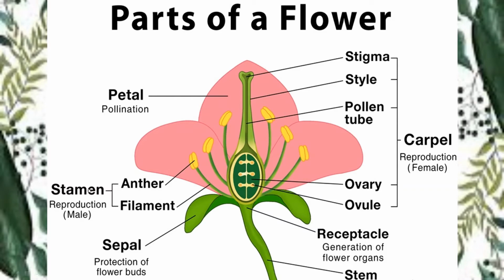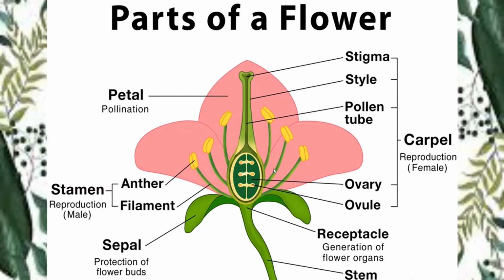The stamen consists of anther and filament. Carpel consists of style. This is style, stigma. Pollen grains and pollen tubes are present here. Stigma actually contains the pollen grains.